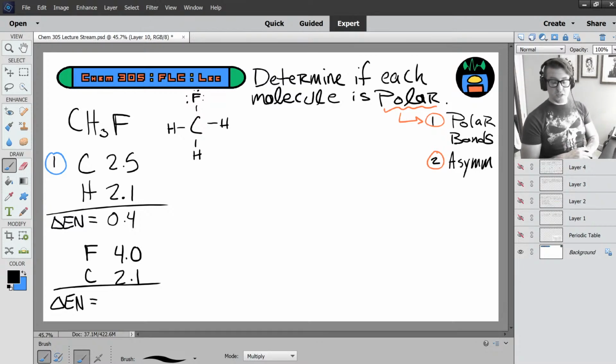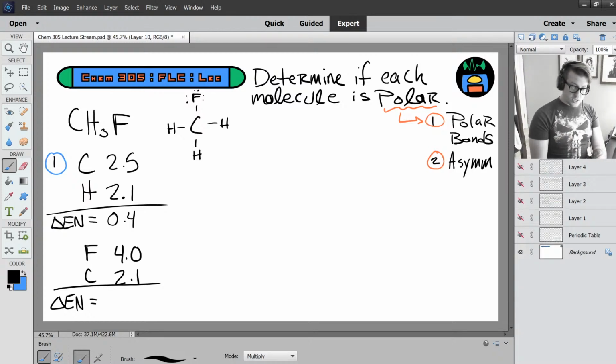The molecule that we're currently looking at has 4 electron groups because there's 4 atoms and 0 lone pairs around the central atom. The electronegativity difference for fluorine and carbon is 1.9.